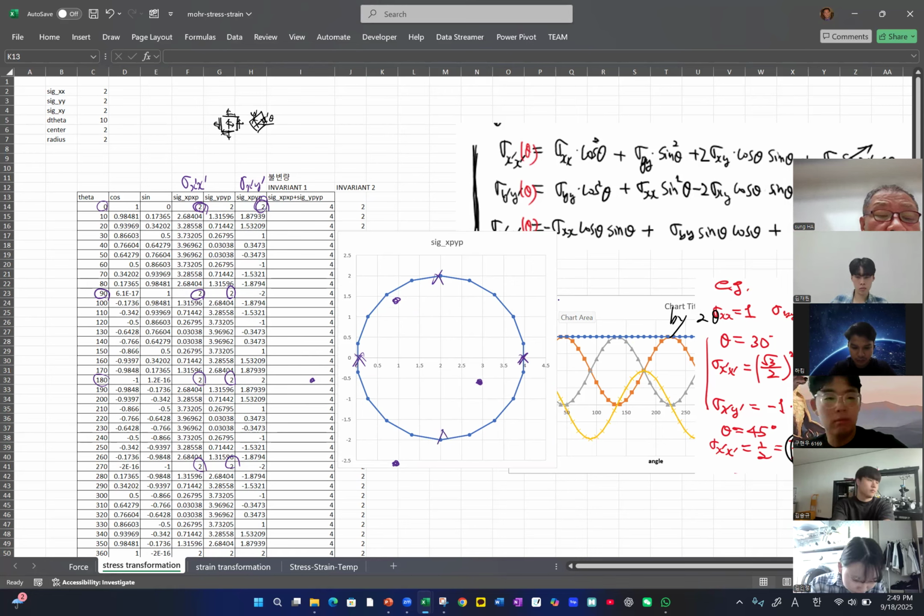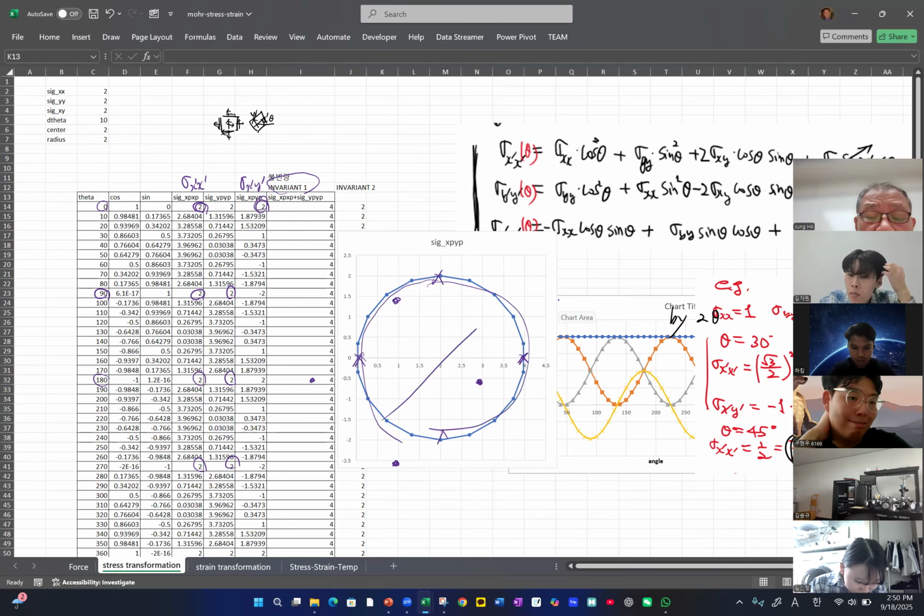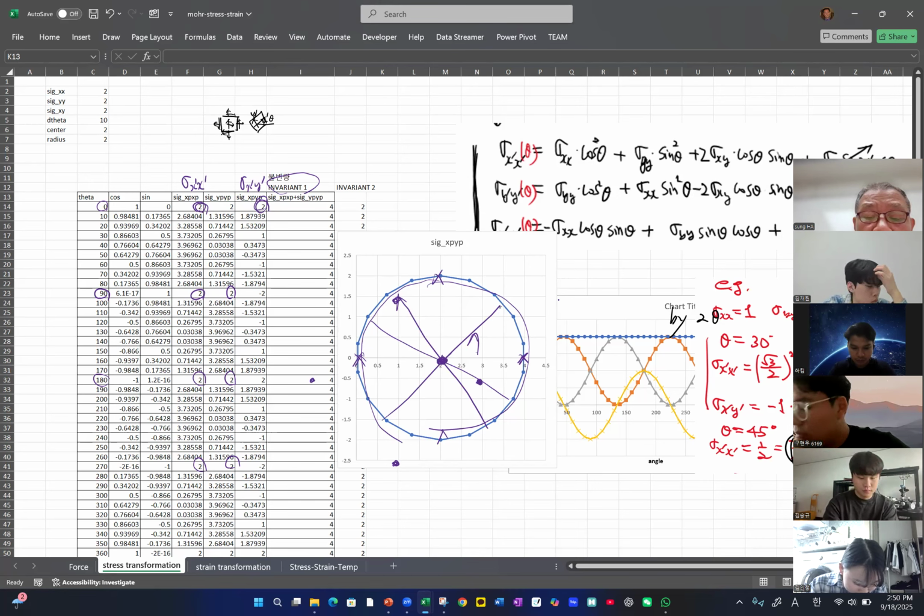Now, the invariant. In this Mohr circle, what is constant regardless of all the rotations? What would be the invariant? The invariant will be this center. As you can see, you have a point here and a point here, and this is the center.